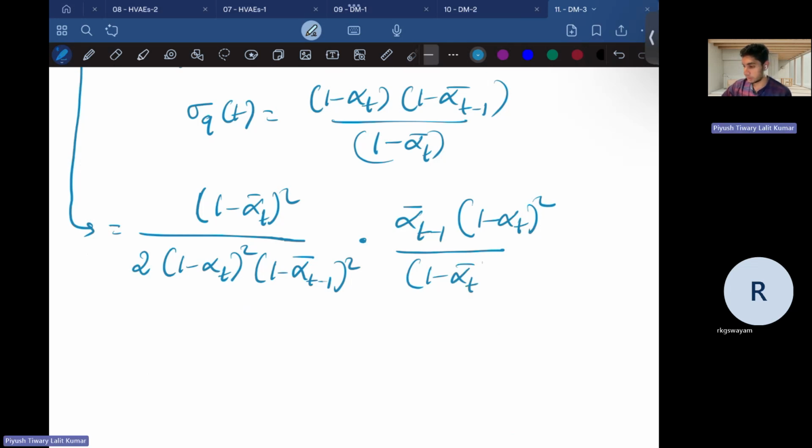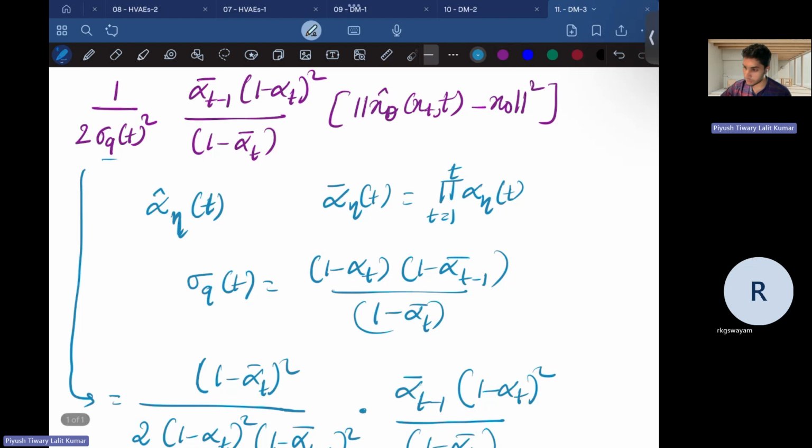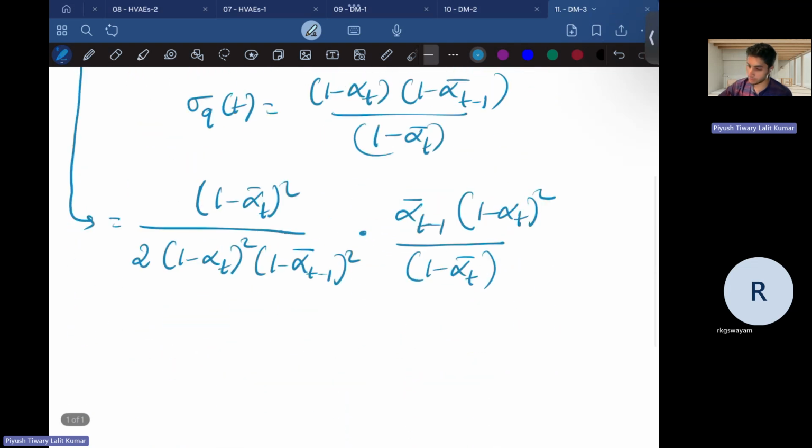This is what it is. Okay, can something cancel out? Oh wait, I think I have written something wrong. Yeah, in the numerator, this is alpha t. Okay, everything is fine. Sorry, I myself got confused. So what is going to get cancelled? This square will get cancelled with this term. This square will get cancelled. So wait, is this entire thing getting cancelled?